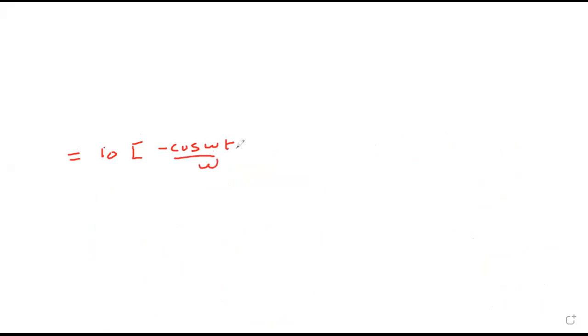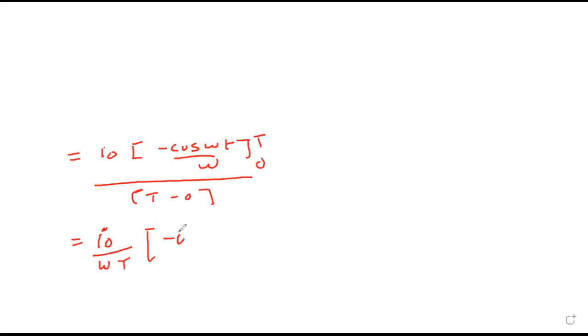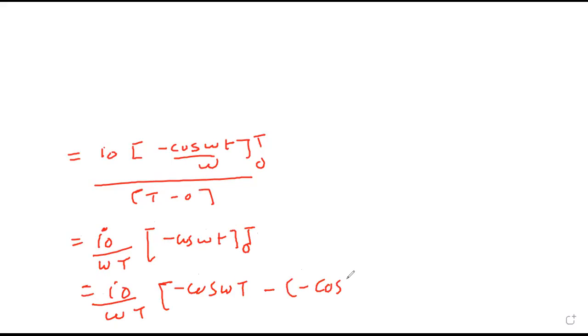Divided by omega, from 0 to T, and this is T minus 0. So I naught upon omega T will come outside. Inside we are getting minus cos. So I naught upon omega T into minus cos of omega T minus of minus cos of 0.